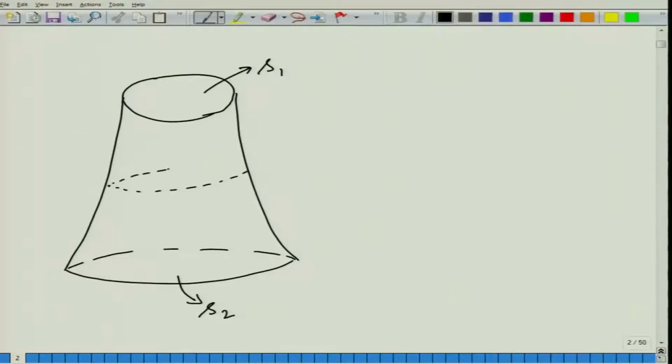That would be nearly the area of the cross section at the middle of the solid. So, it will be S1 plus S2 upon 2 into L.